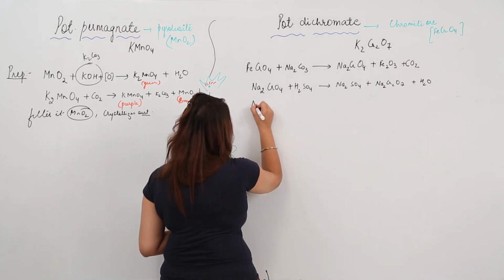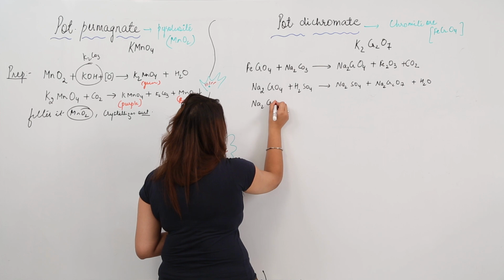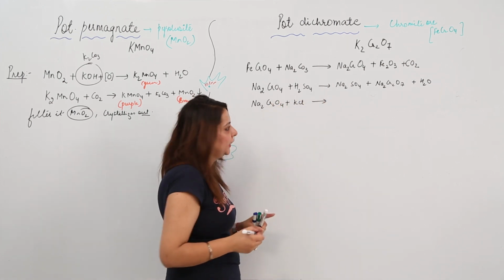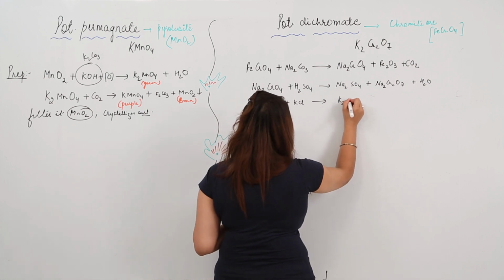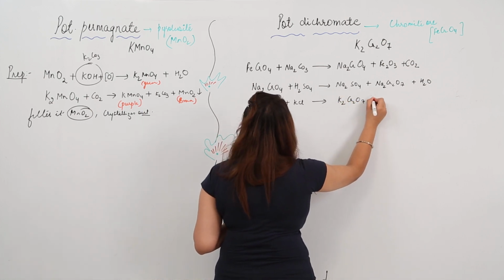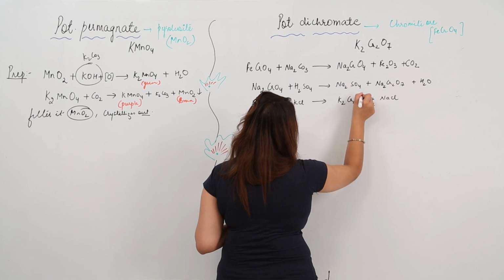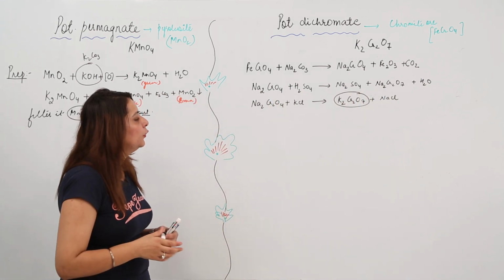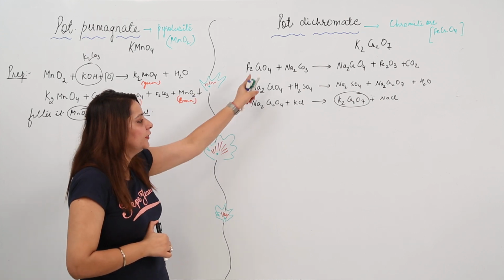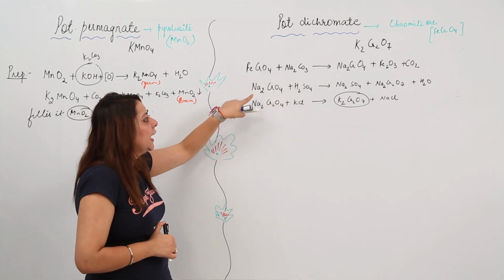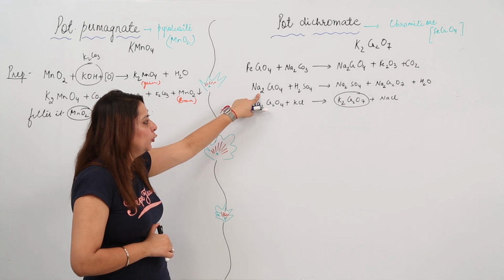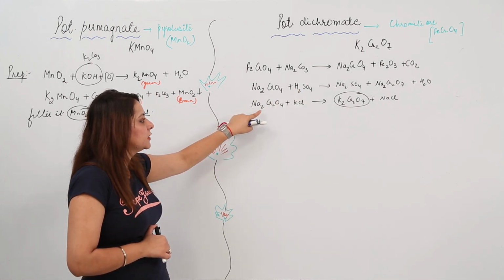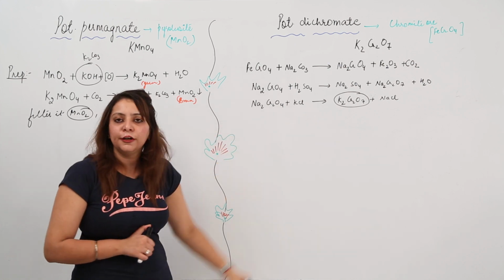Then in the third step we react sodium dichromate with KCl, because we need to prepare potassium dichromate, and here we get K2Cr2O7 with NaCl. So this is our desired product, potassium dichromate. We reacted chromite ore with sodium carbonate first, then the sodium chromate with sulfuric acid, and then the sodium dichromate with KCl.